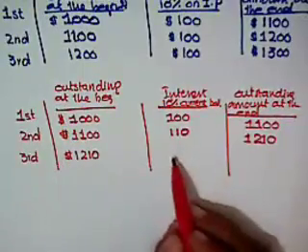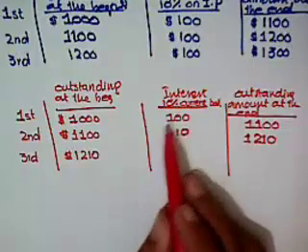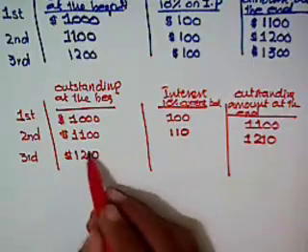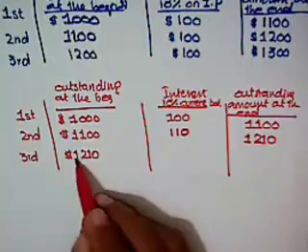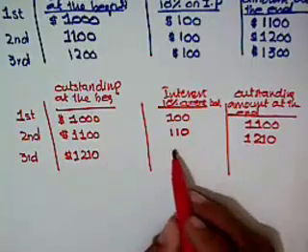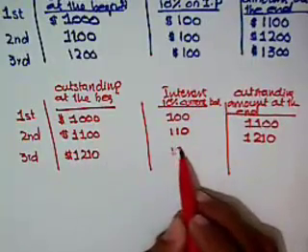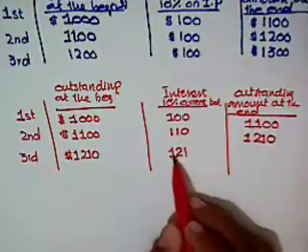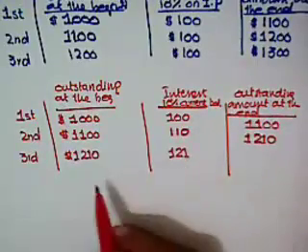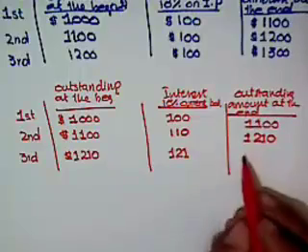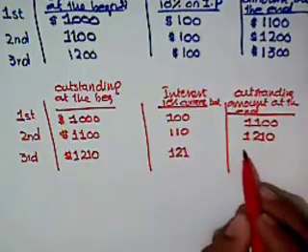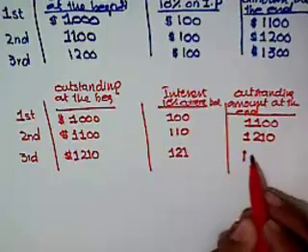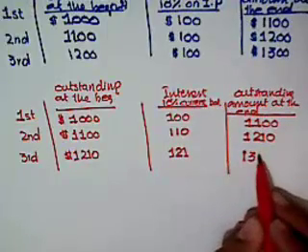Now again at the end of third year, we'll charge this 10% on the current outstanding balance, that is 1,210, and the 10% of it is 121. Now by adding this 121 into the outstanding balance at the beginning, the remaining value would become 1,331.